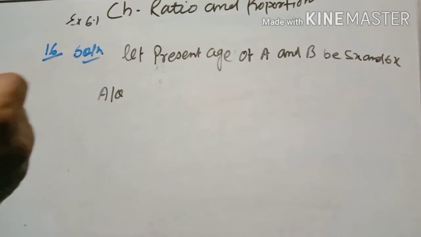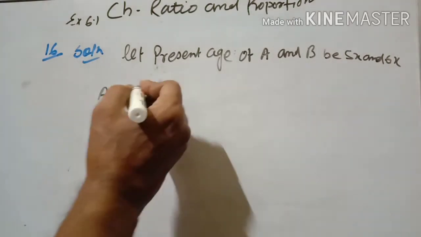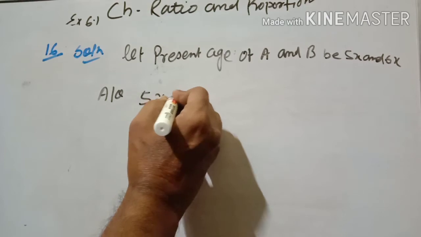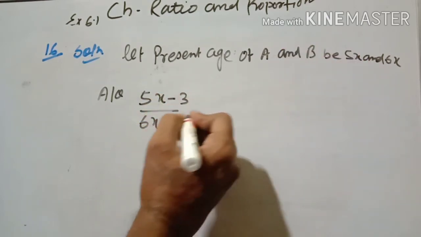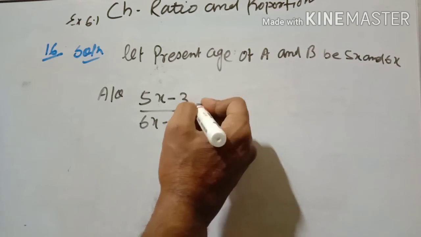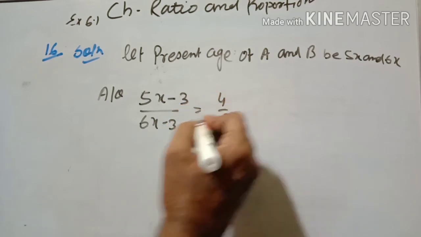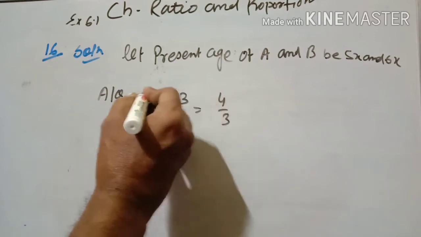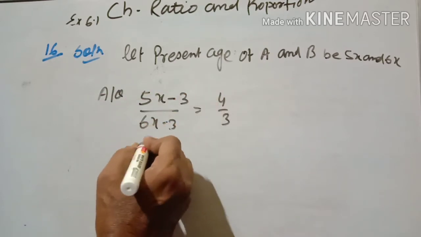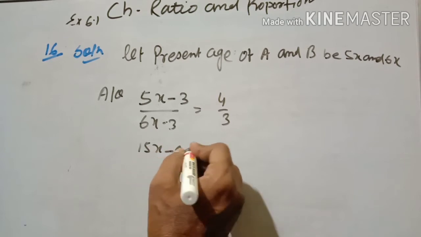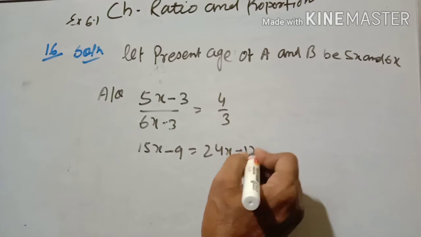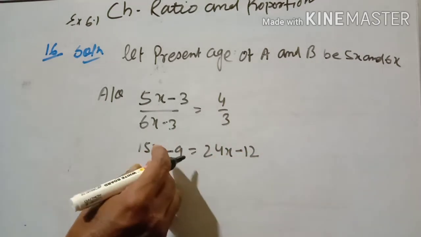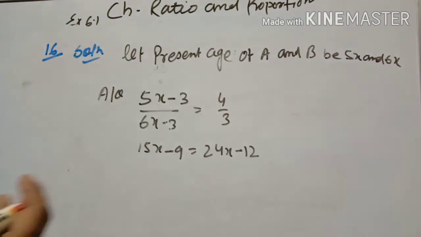Now according to the question, 3 years ago their ages were 5x minus 3 and 6x minus 3, equal to 4 by 3. Now do the cross multiply.